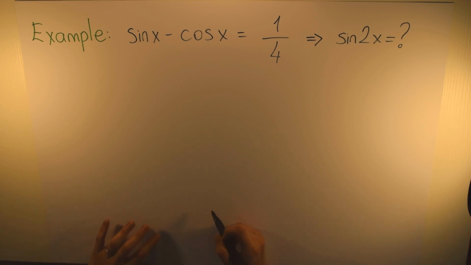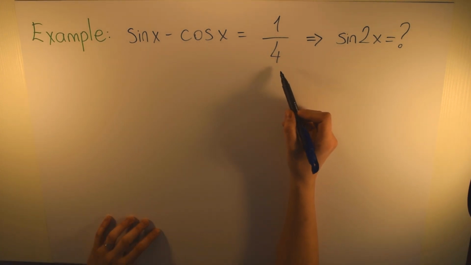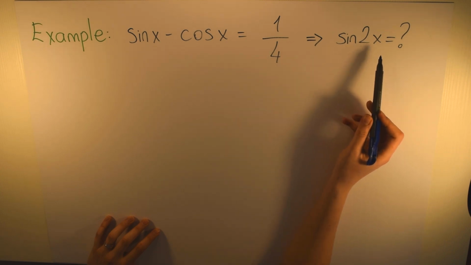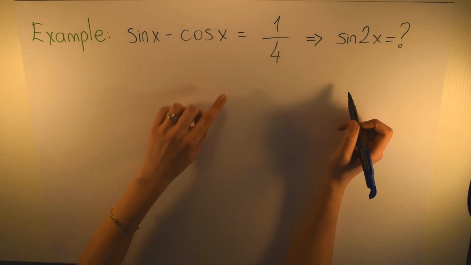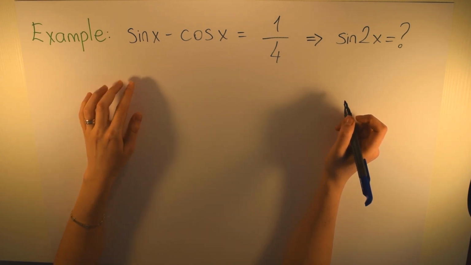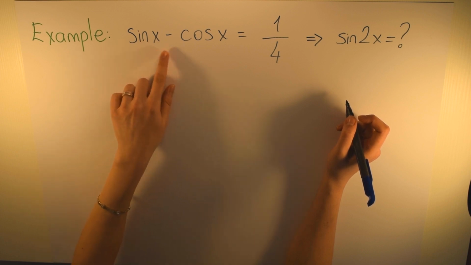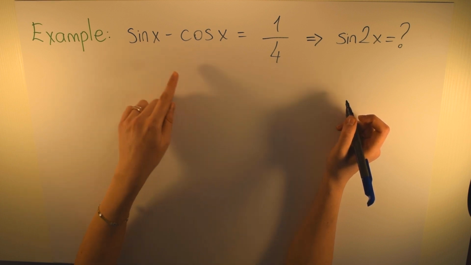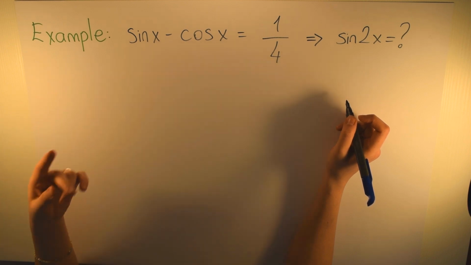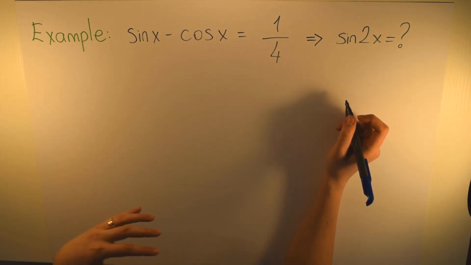Let's look at this example. Here we have sine x minus cosine x is equal to 1 over 4. So what is the value of sine 2x? Whenever you see questions like this, you always start with taking the square of both sides. Why? Because you will get sine square x plus cosine square x from that, and we know that it's equal to 1, and usually you will be able to find whatever you need.